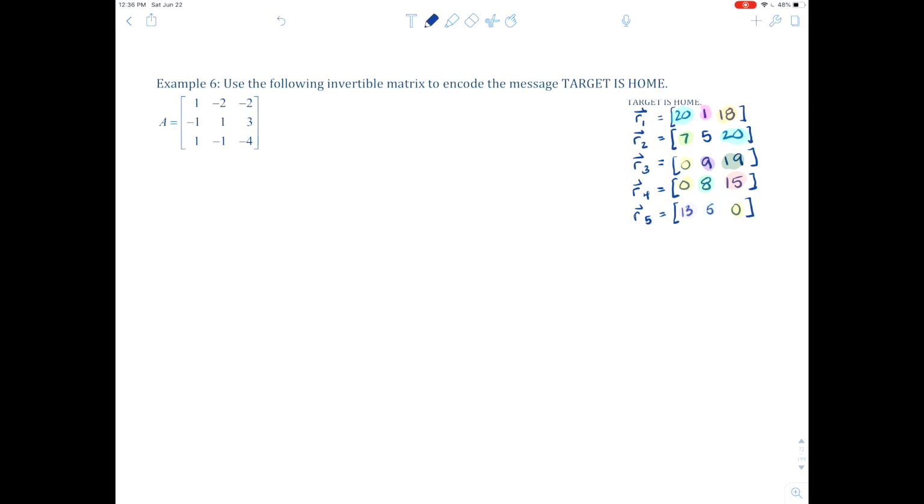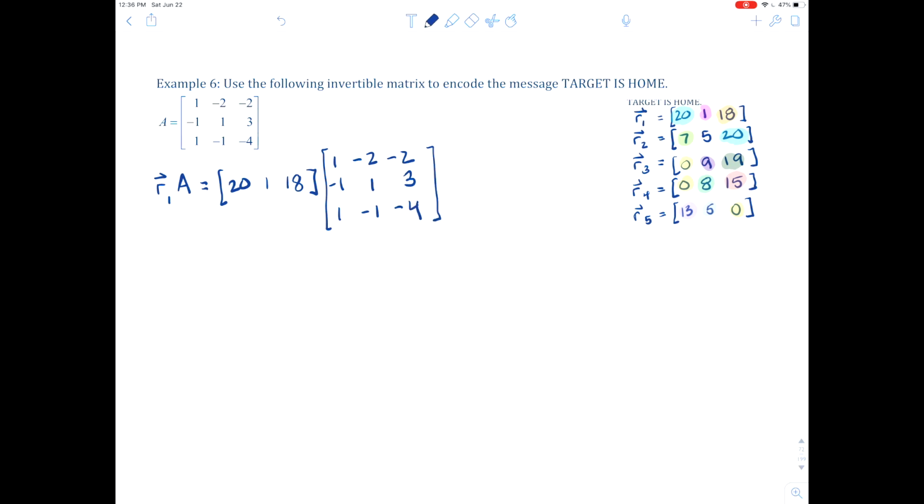We first want to do our first row, 20 1 18, times matrix A, which is 1, negative 2, 2, negative 1, 1, 1, 3, 1, negative 1, and negative 4.